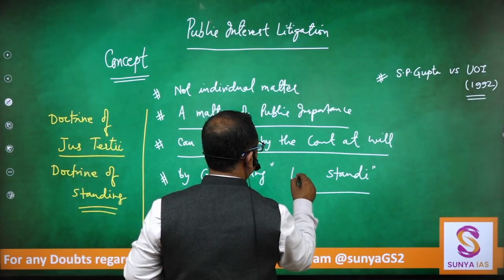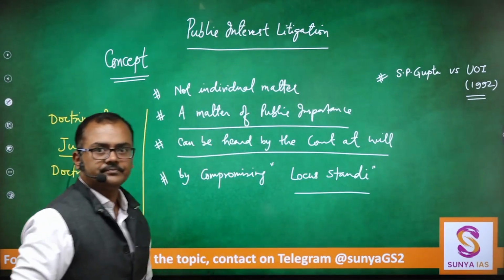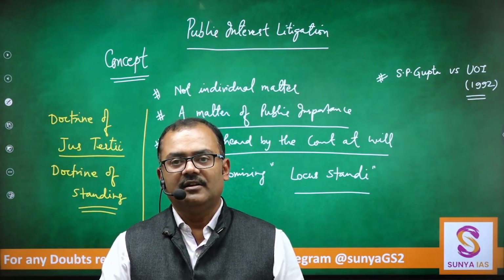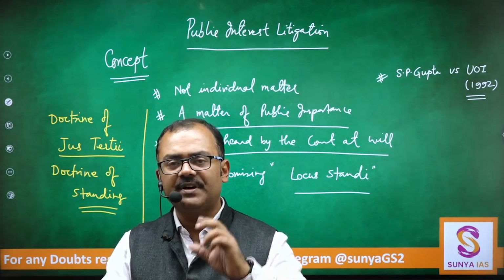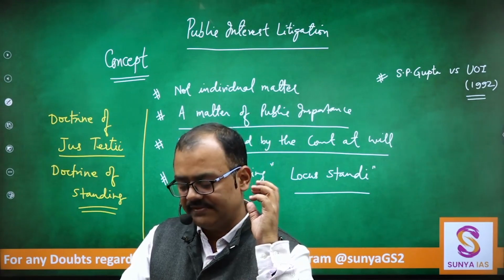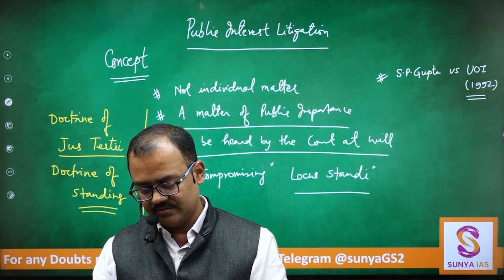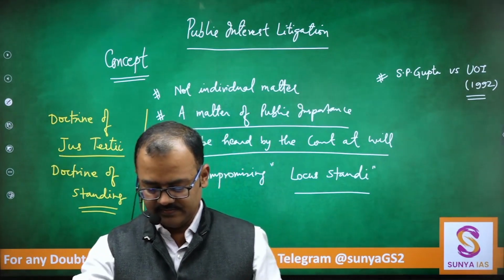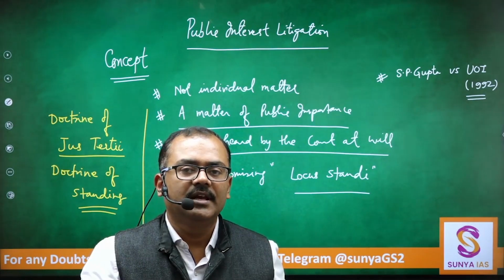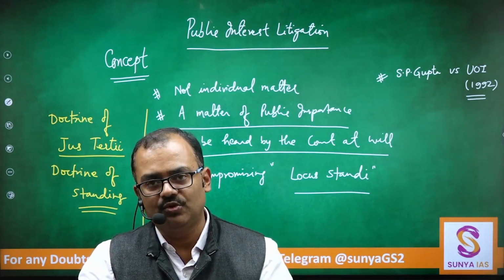Locus standi. Who are you? What is your standing? This means only an aggrieved person or the aggrieved person's family members can approach the court. Anyone can't approach the court. What is your standing because of which you are approaching the court?